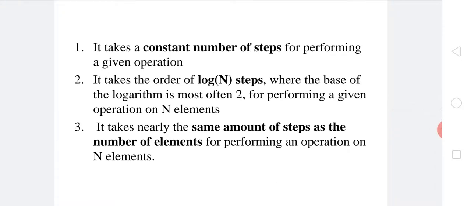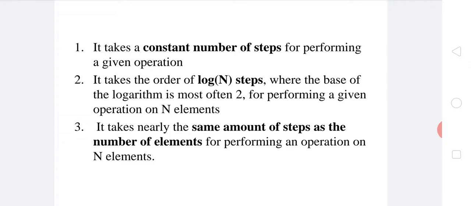The next one is linear complexity. It takes nearly the same number of steps as the number of elements for performing an operation on n elements. For example, if we have 1000 elements, about 1000 steps are required.